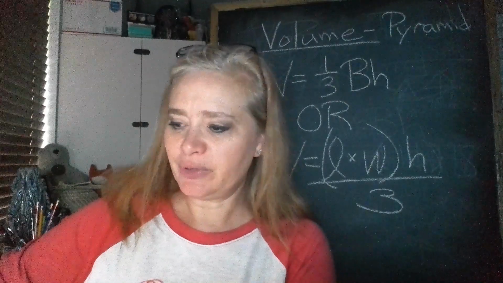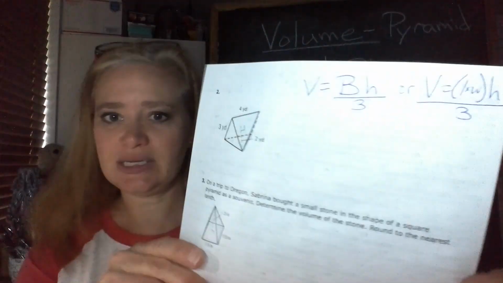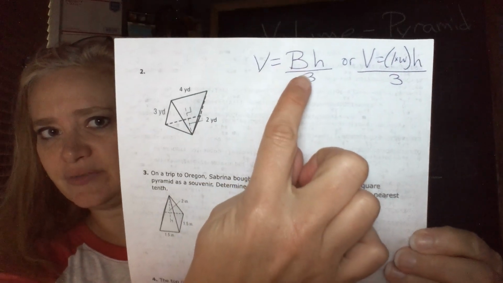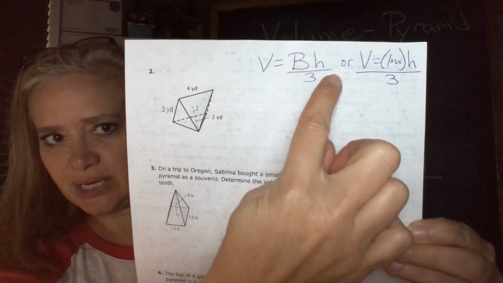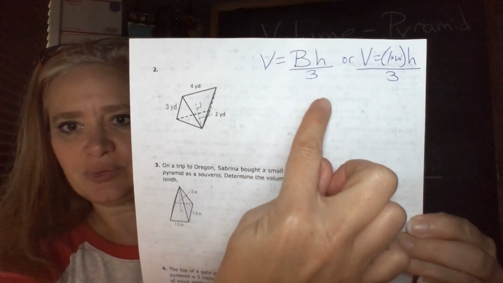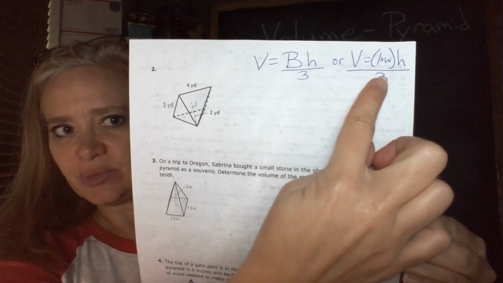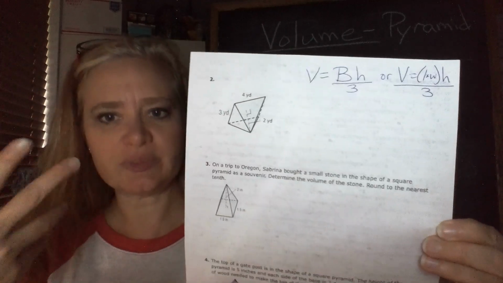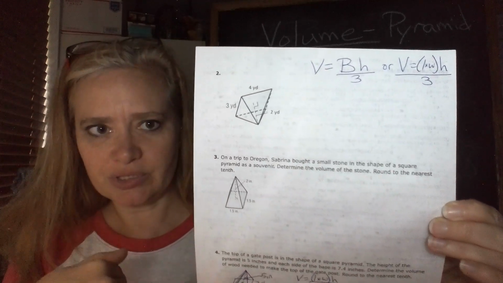So if you set up your formula, remember Miss Reynolds likes to see those formulas written down. You can either write it as the area of the base, capital B, times height, divided by 3. Or I like to write it length times width times height, divided by 3. And that helps me remember what numbers I'm going to be plugging into my formula.